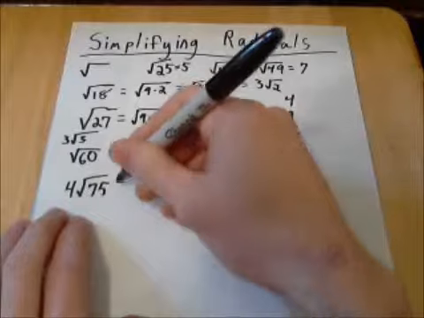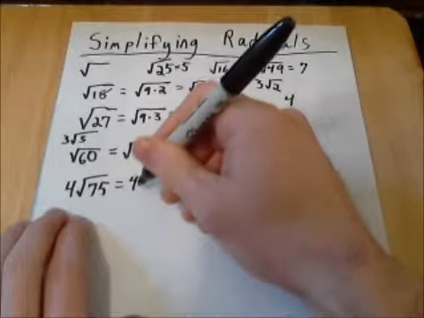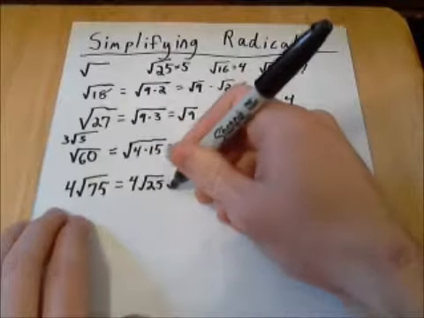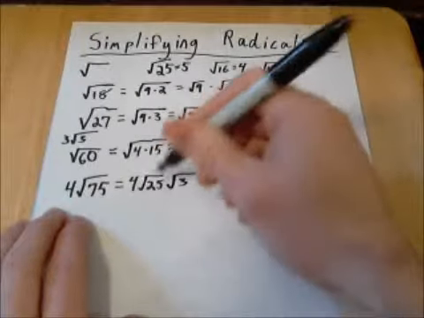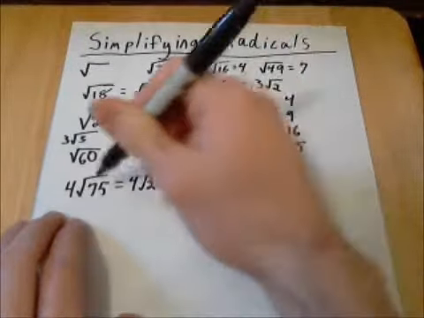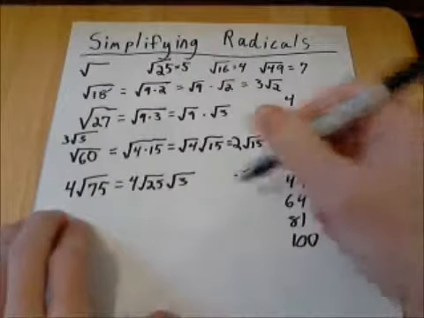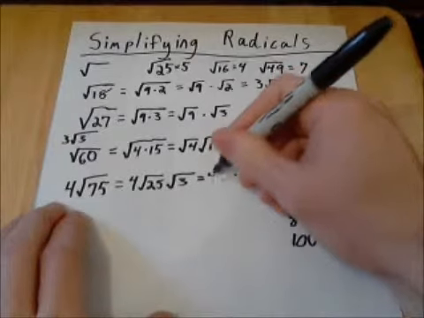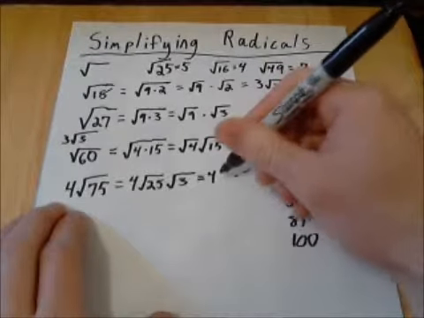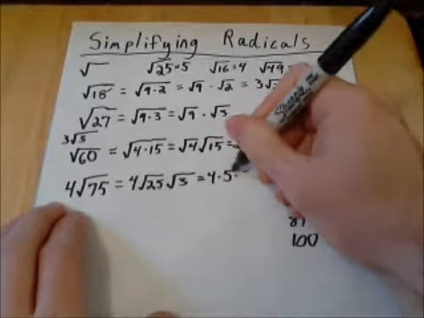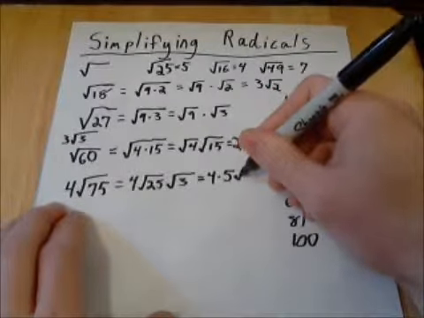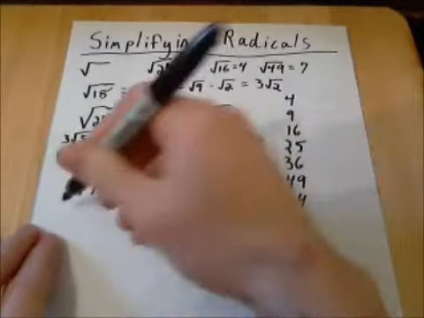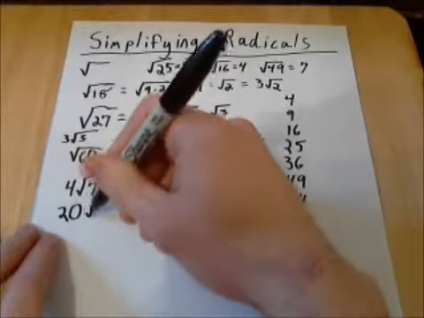So we're going to rewrite this as 4 times the square root of 25 times the square root of 3, because 3 times 25 gives 75. Now, let's simplify: 4, and the square root of 25 is 5, so times 5 times the square root of 3. And 4 times 5 gives 20, so it's going to be 20 square root 3 as our answer.